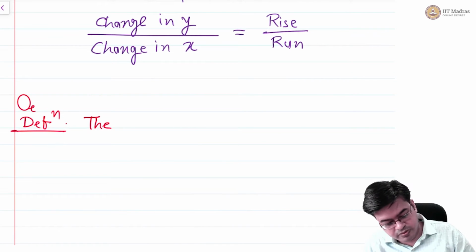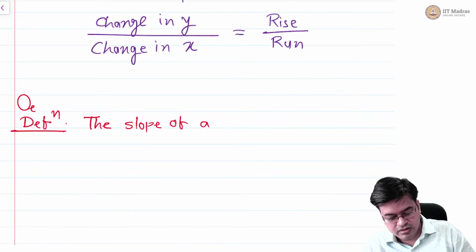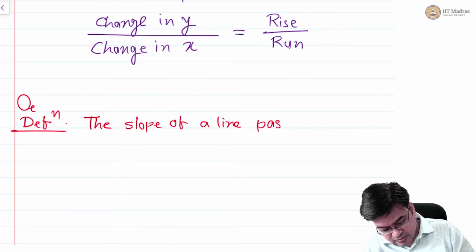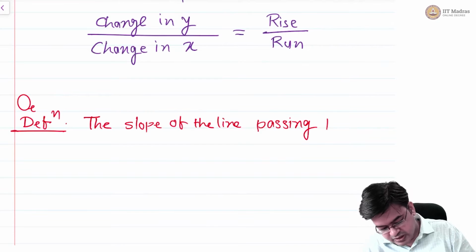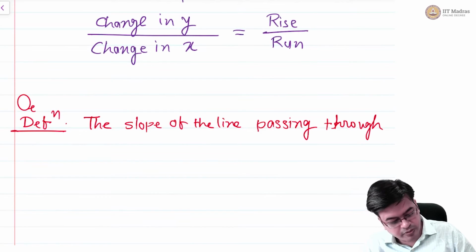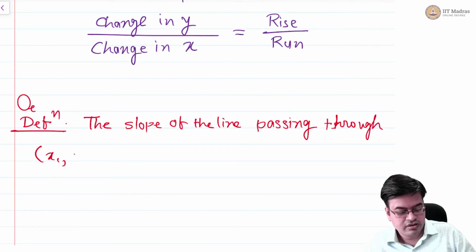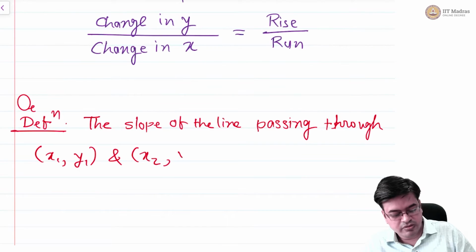So the slope of the line passing through the set of points x1 comma y1 and x2 comma y2.